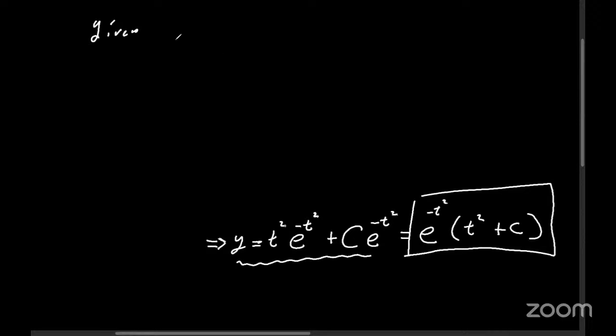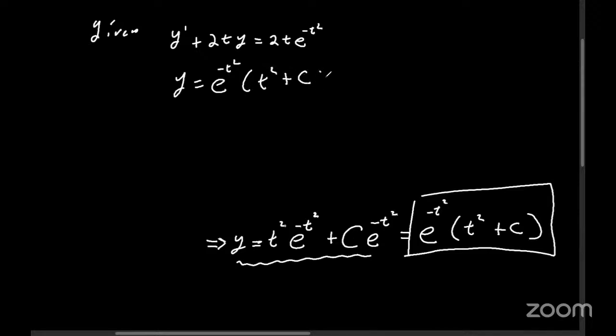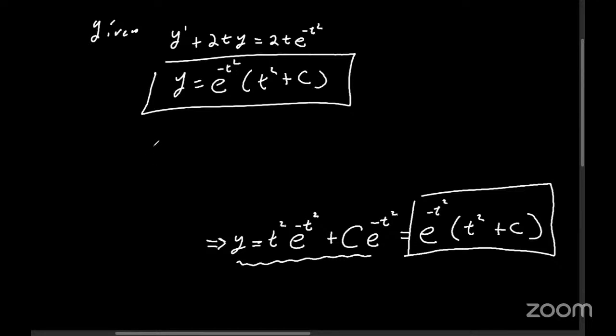So given y prime plus 2t y equals 2t e to the negative t squared, I think, y equals e to the negative t squared plus some constant. Okay. That's what I think.